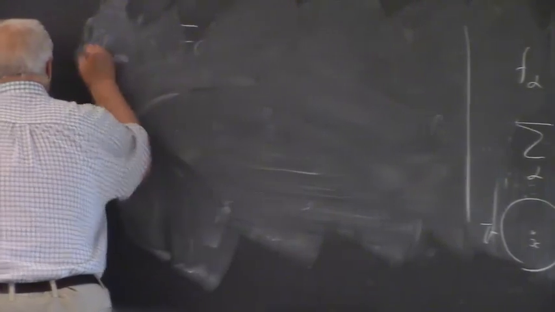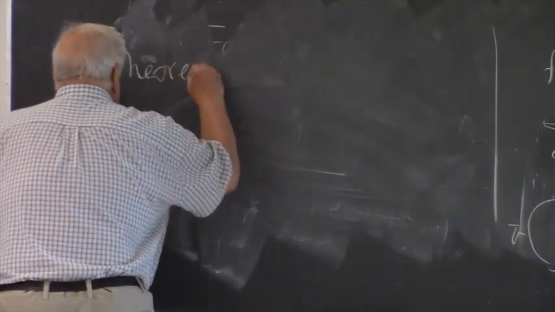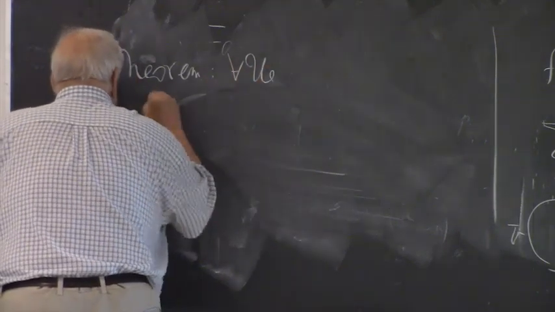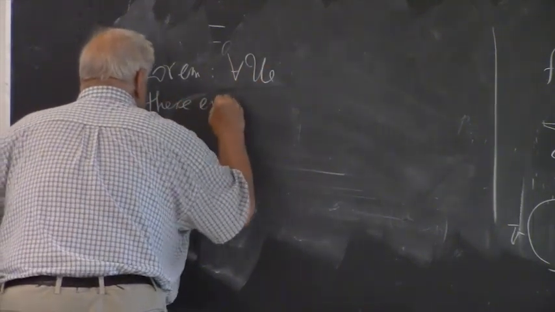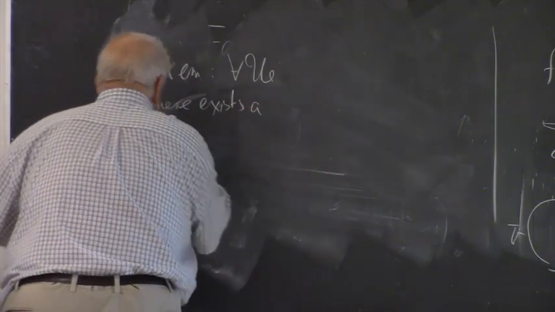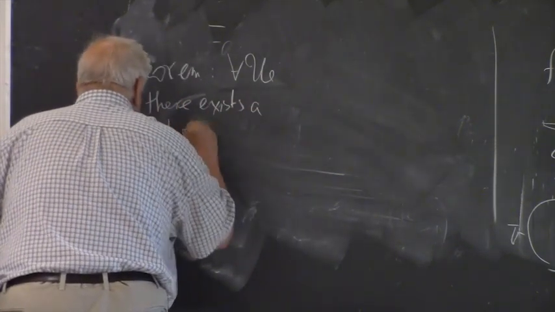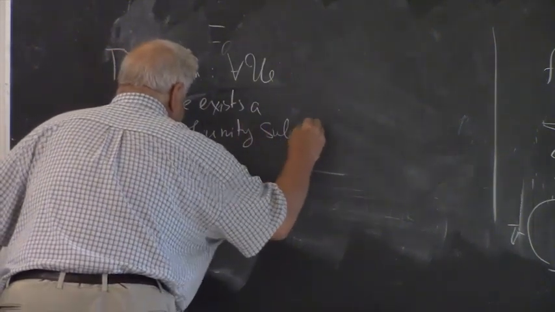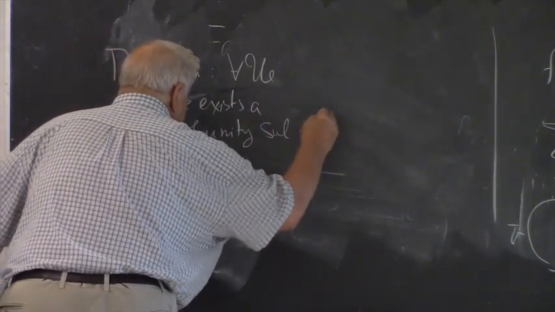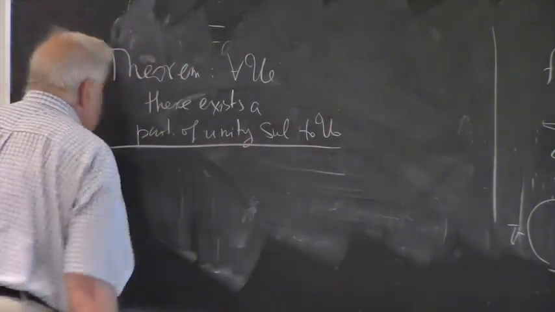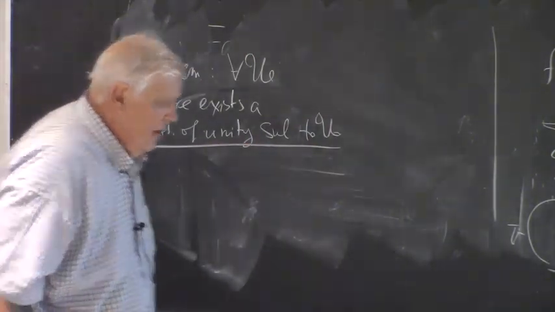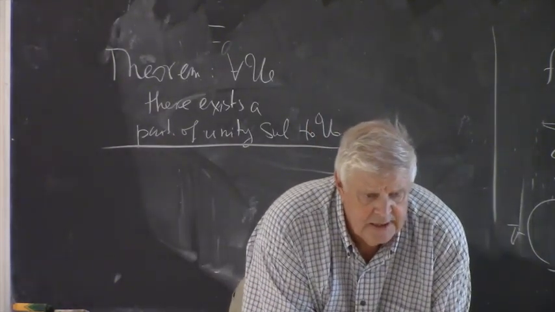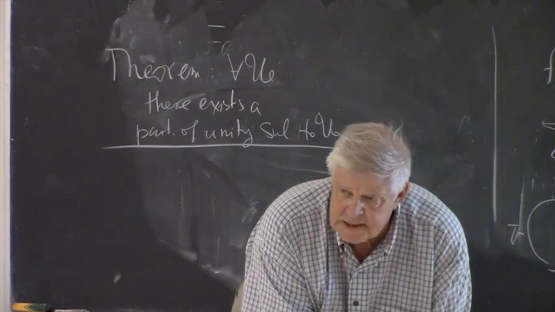So, theorem: for every open cover U, there exists a partition of unity subordinated to U. Is the statement clear? I just state that all this exists.